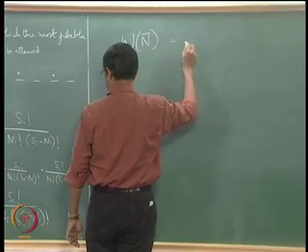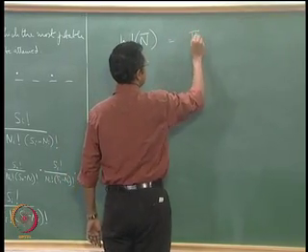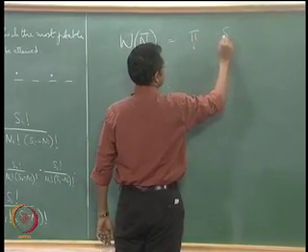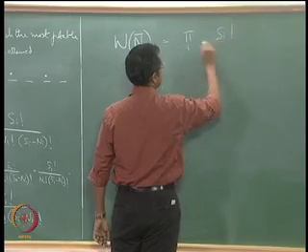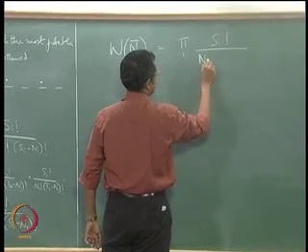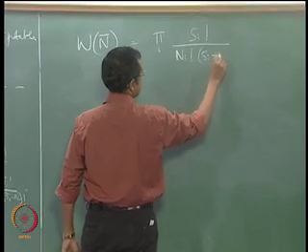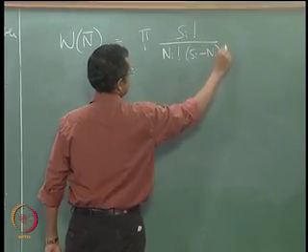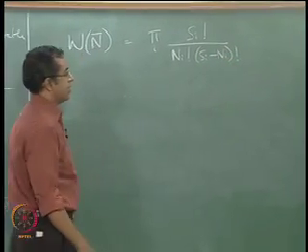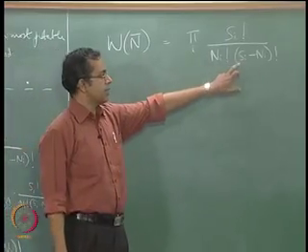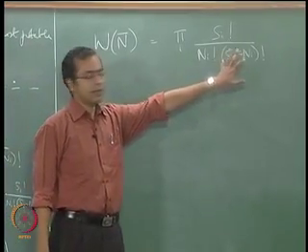So I will just rewrite that here: this is pi over i of Si factorial by Ni factorial times (Si minus Ni) factorial.